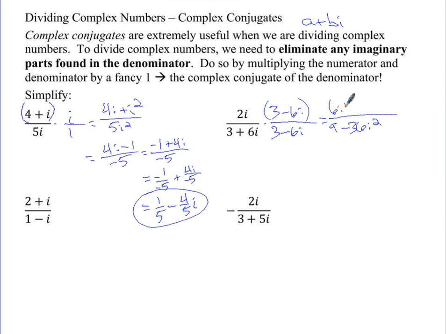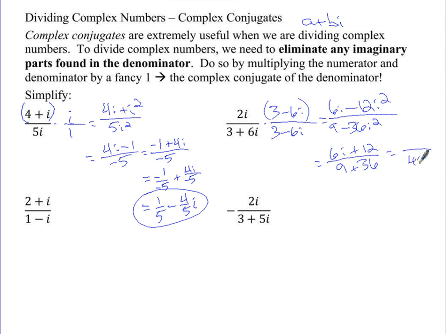2i times 3 is 6i. 2i times -6i is -12i squared. Then we simplify that. The 6i I can't do anything with right now. The -12i squared becomes positive 12 over 9 plus 36.